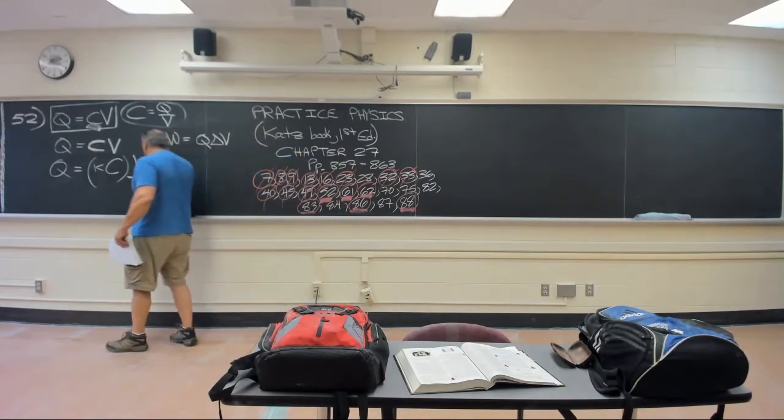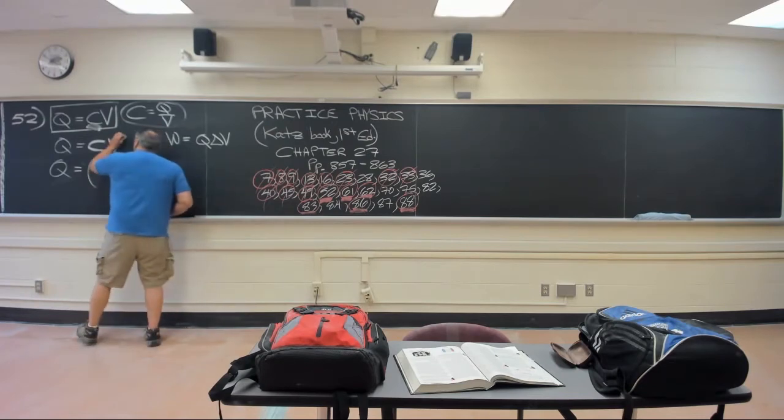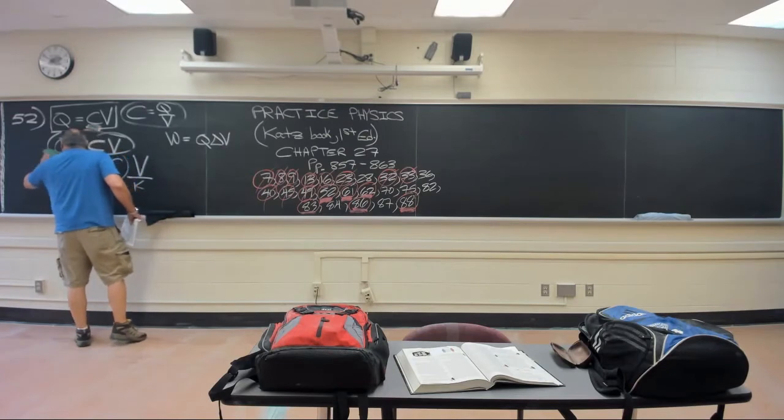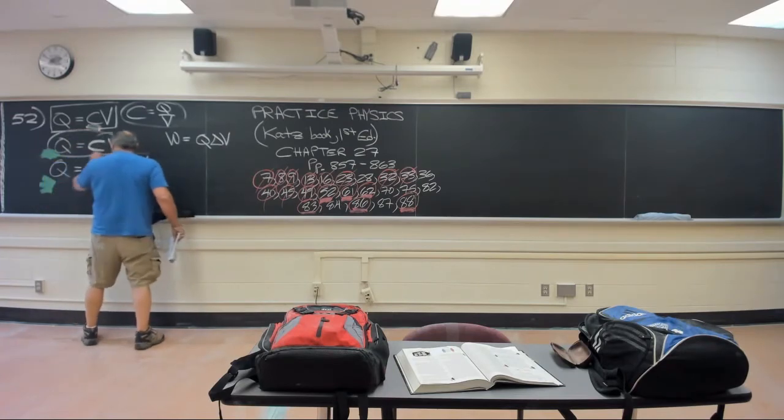V over kappa times C. The kappas cancel, you got CV. You got the same Q here. It's the same Q as this one according to the mathematics that goes on.